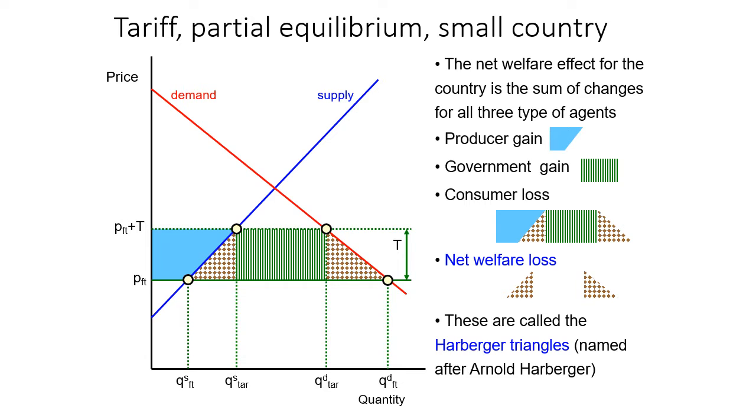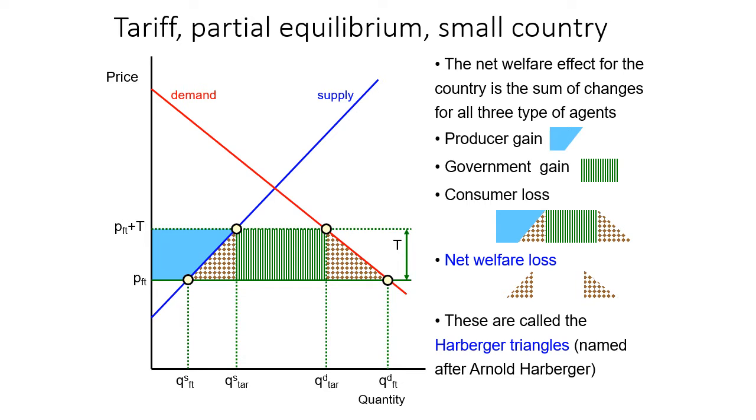But what is lost? If we take the consumer surplus, remove the producer surplus, and remove the government's revenue, we're left with these checkered brown triangles. So that is lost entirely to society.